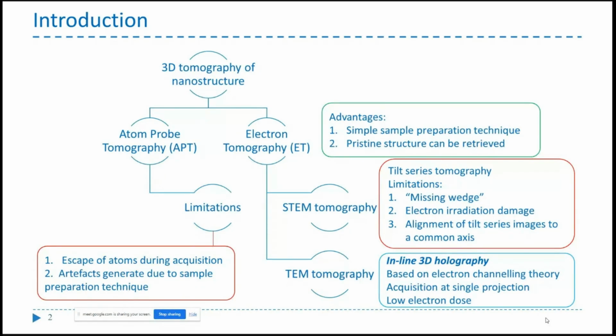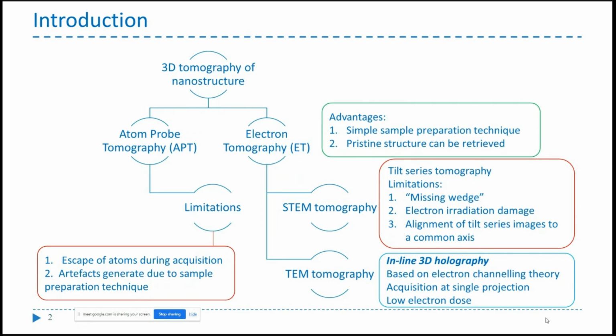APT has its own advantages, but also disadvantages, because there could be escape of atoms during acquisition, and artifacts generated due to sample preparation. This limits atom probe tomography, especially when you are working with very small nanostructures, let's say 10 nanometers or below.